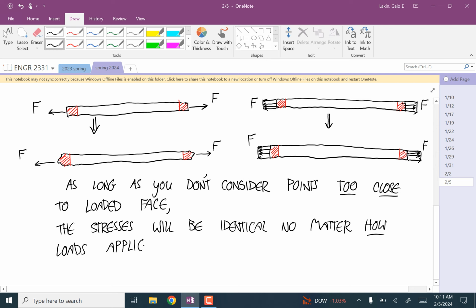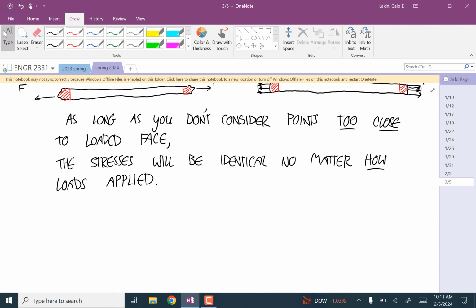So no matter how complicated the loading is at the endpoints here, we can treat it like it's this uniformly distributed load where things are simple, okay? All we have to do is ignore what our results say close to that loaded face. And so how close is too close?